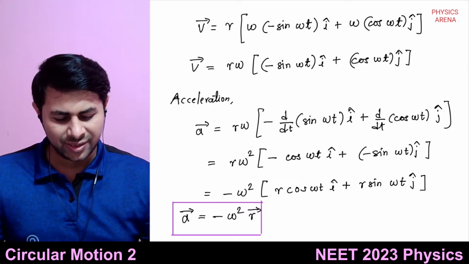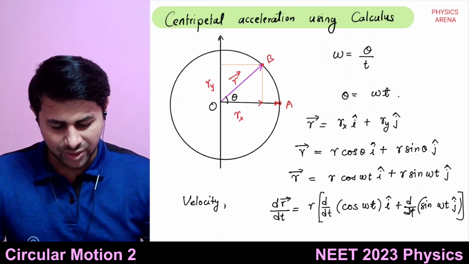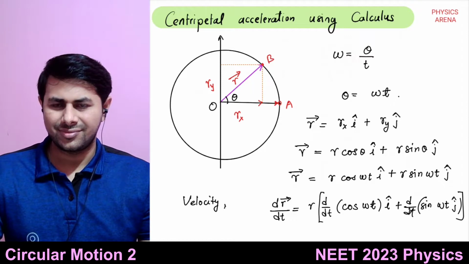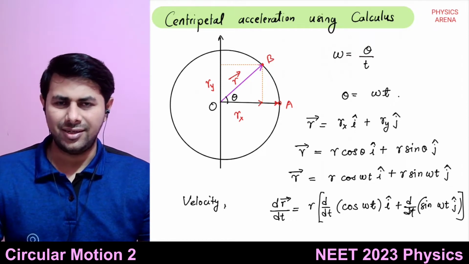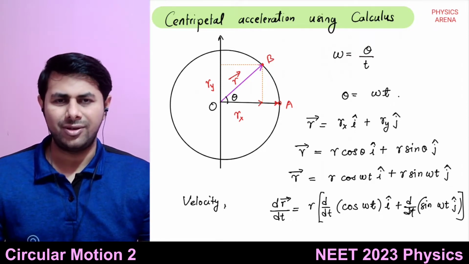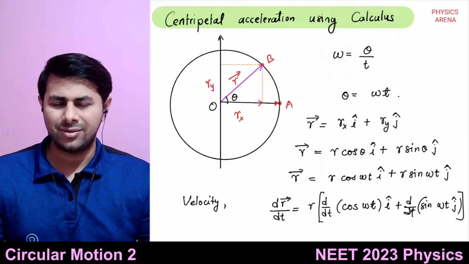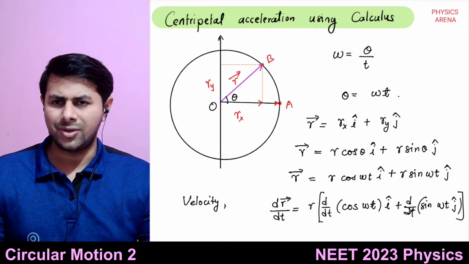When we considered that the angular velocity is going to be uniform, right? If angular velocity is uniform, then v is equal to what? Magnitude of velocity is r multiplied by omega. Got this?